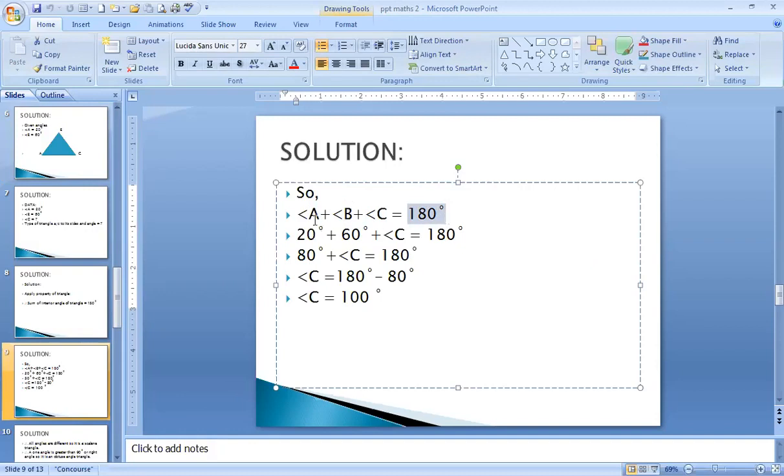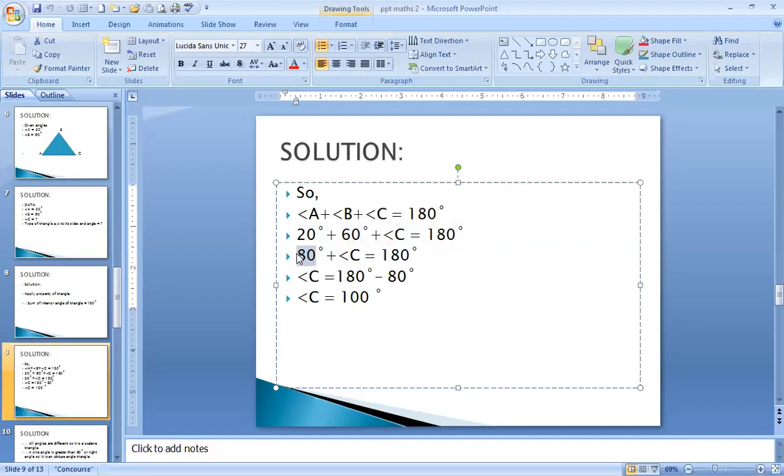Now put down the values of angle A and angle B, in which angle A equals 20 degrees and angle B equals 60 degrees. We have to find the value of angle C, whose value is unknown. When we sum up these two values, 60 and 20, we get the answer 80 degrees.